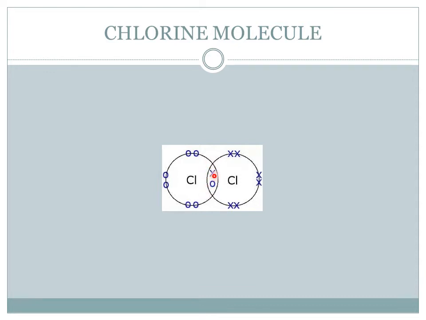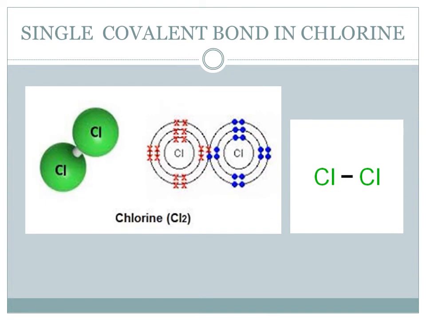Therefore, these two chlorine atoms share their electron and form a covalent bond between them. Therefore, we can say that in a chlorine molecule, there is a single covalent bond. You can see the schematic representation of how the covalent bond is formed between chlorine atoms.